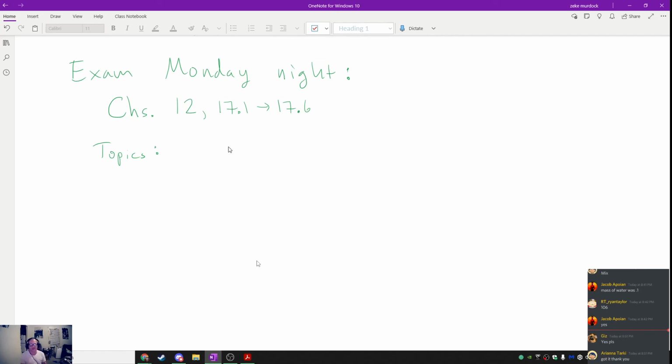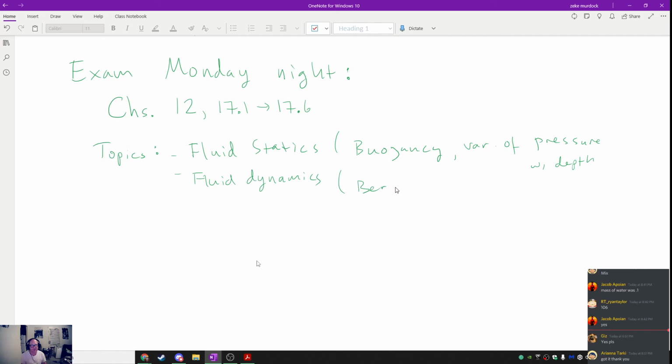So just to summarize the topics from the test, it's basically fluid statics, which is buoyancy and stuff like that, variation of pressure with depth, stuff like that, and then the concepts of density. And then you've got fluid dynamics, which is the continuity equation and Bernoulli's equation, basically.